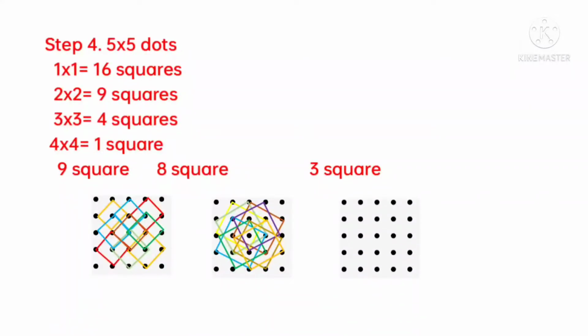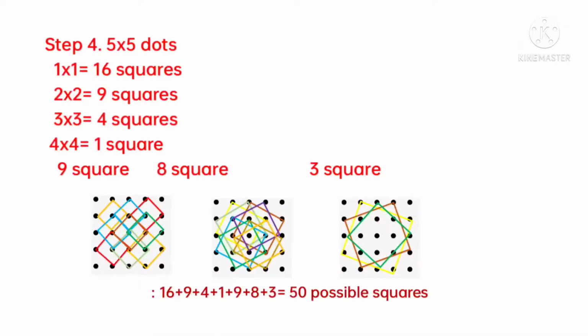Next is, may 3 squares na mabubuo dito sa isa pang kind of square like a rhombus: 1, 2, 3. So, yan. Yung possible squares na mabubuo natin will be 16 plus 9 plus 4 plus 1 plus 9 plus 8 plus 3 is equal to 50 possible squares sa 5 by 5 dots if kasama yung rhombus-like.